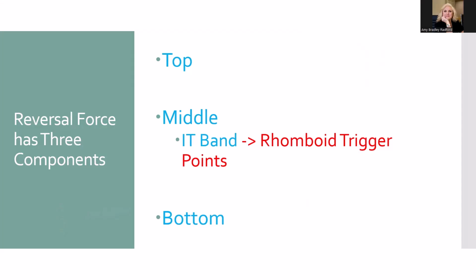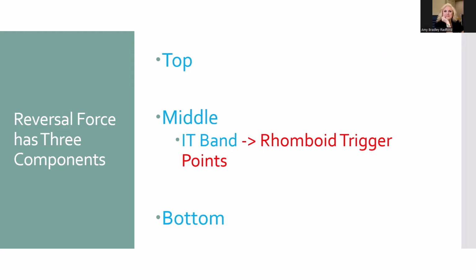Now that you've seen the direct correlation, as I call it, how to work the IT band and how to change the rhomboid trigger points, I want you to know that reversal force has 3 components. Now, remember I said there's 2 pieces of scar tissue for every pain pattern.